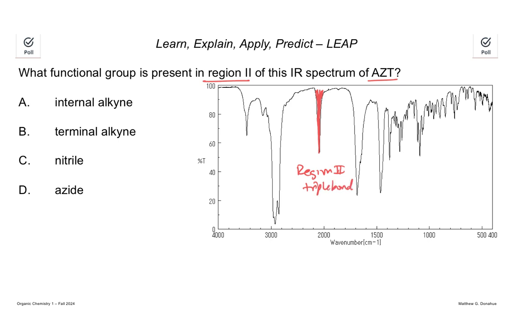That was your triple bond region. Anyone remember what the structure looks like? Or you can look it up. It's the azide. So it's N3 stretching.